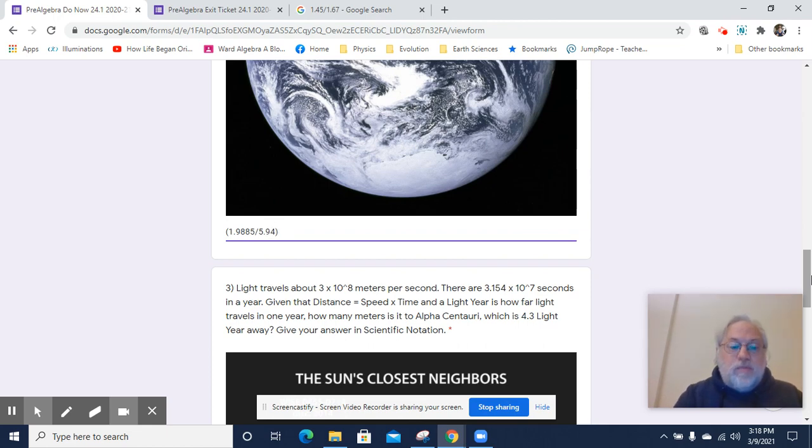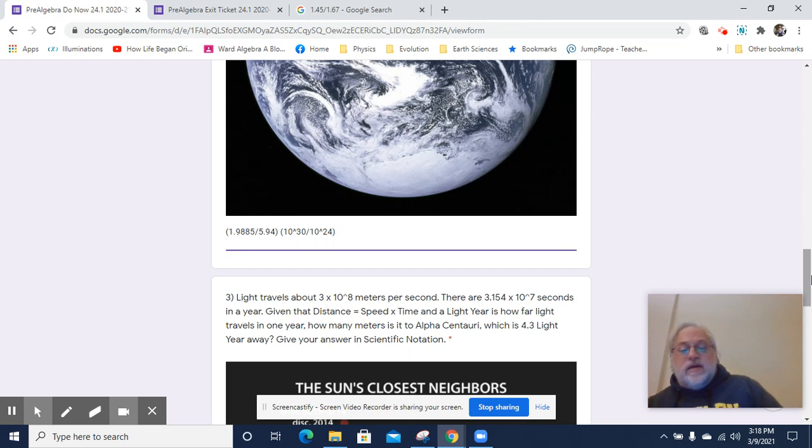And then we will group the powers. The sun's power was 10 to the 30th, and the Earth's power was 10 to the 24th. They're both kilograms, so kilograms will cancel out. So we just want to know the ratio here.